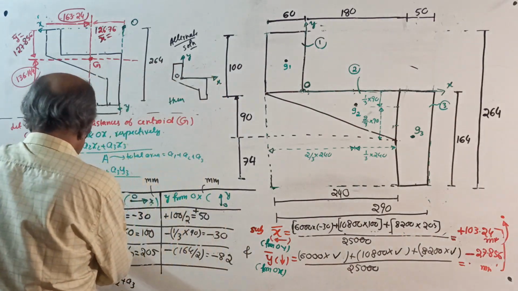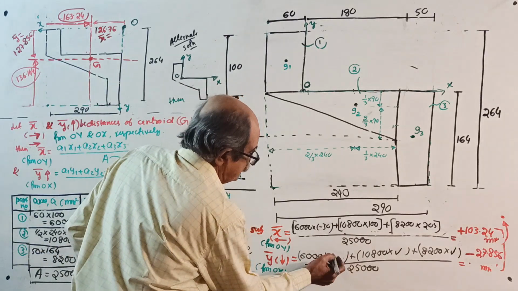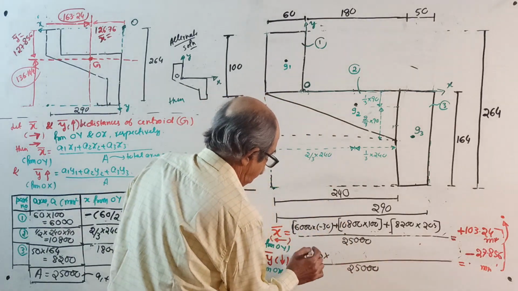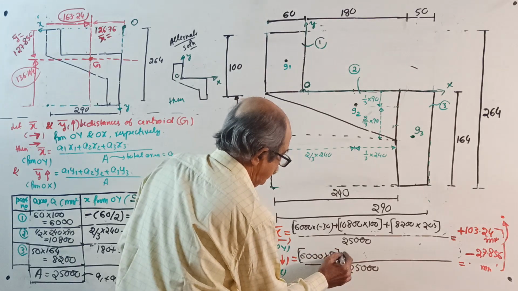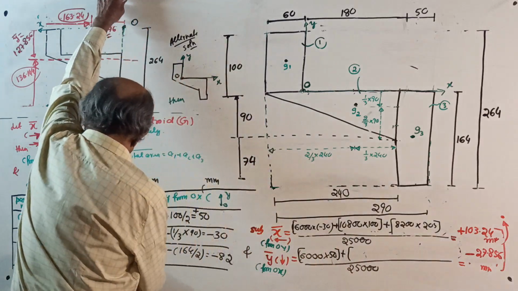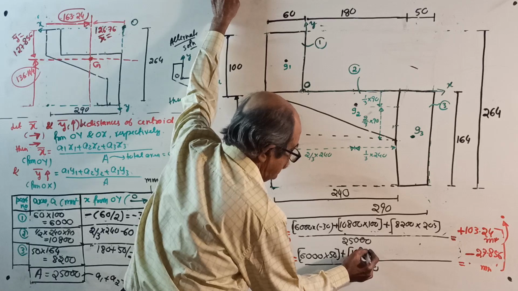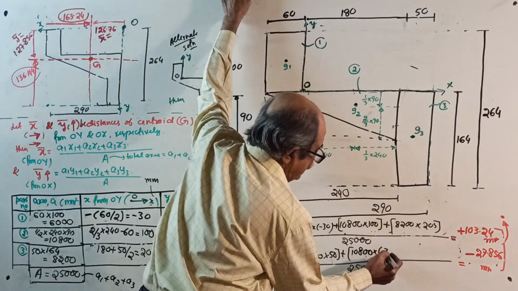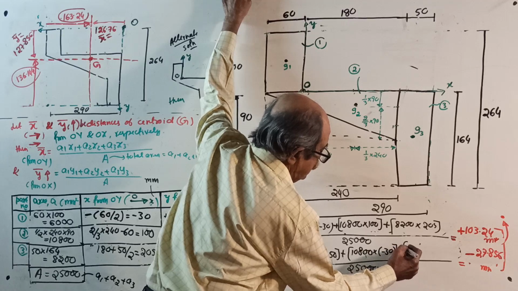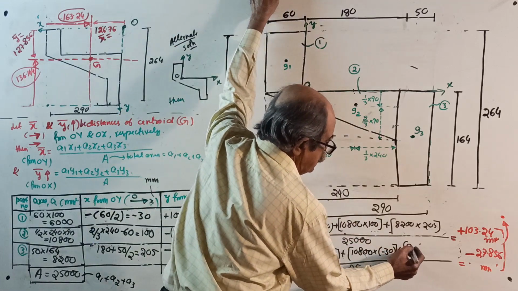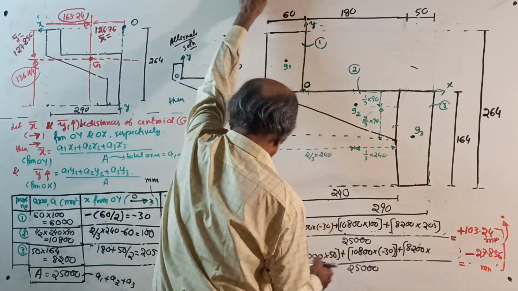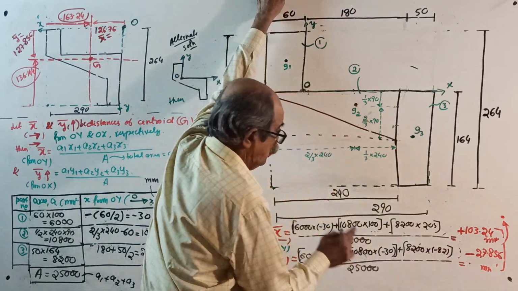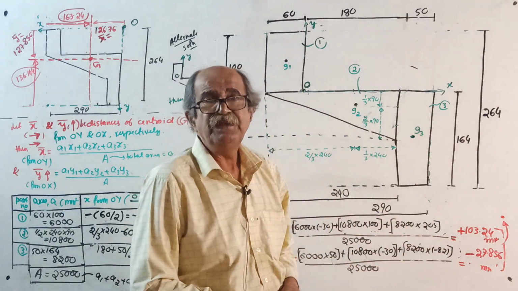Y bar: 6000 into 50, okay, big bracket, into 50, plus bracket 10,800 into y2 minus 30, close the bracket, plus once again 8200 into minus 82, divided by total area, you will get minus 27.856.